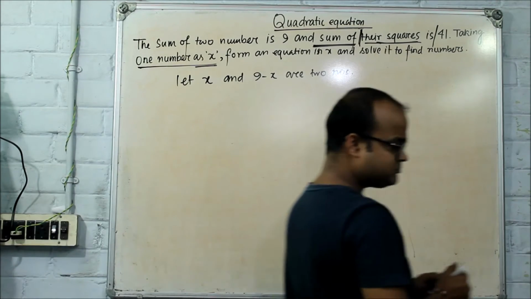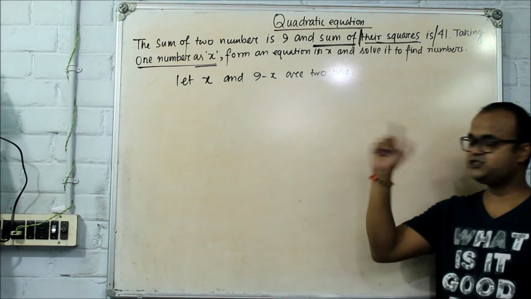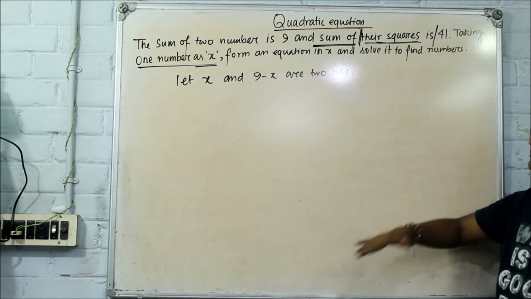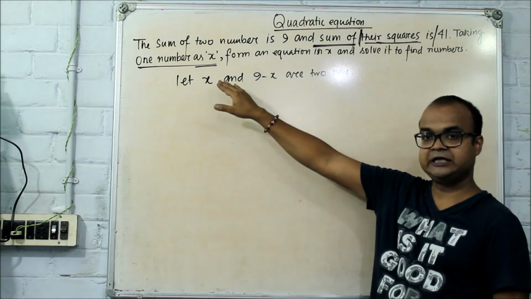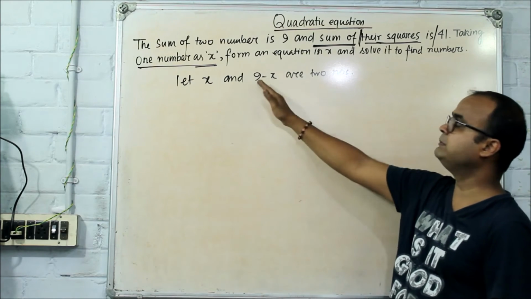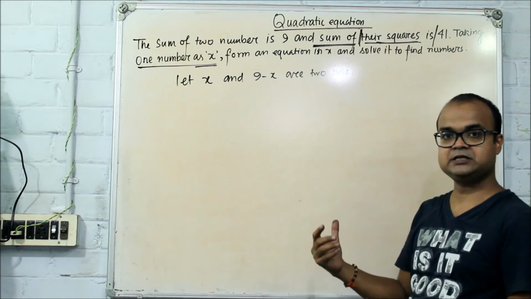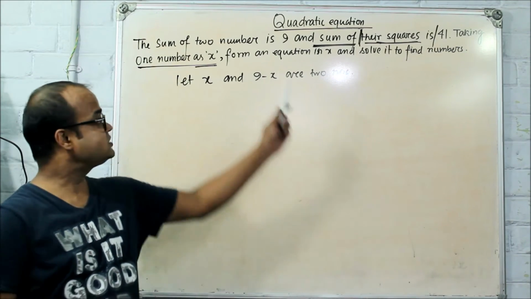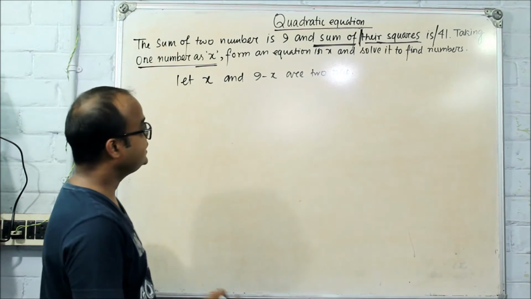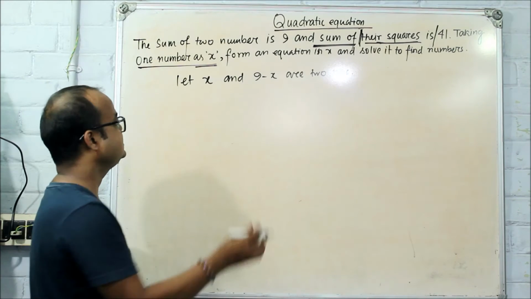If you have any problem, just go back and check the general guidelines that I have given. In case of sum, the first number you consider as x, so the other number will be sum minus x, 9 minus x. Now, moving into the condition, sum of their squares.